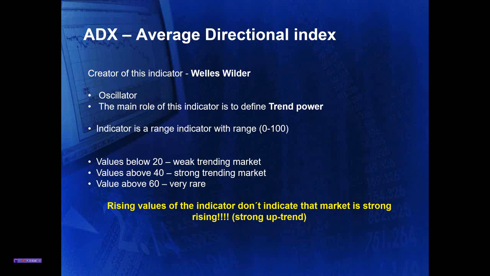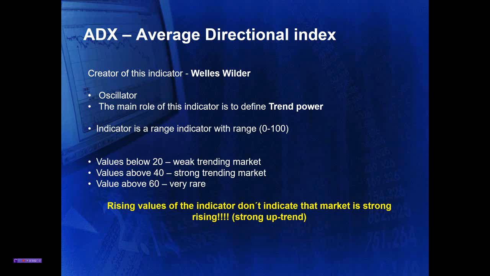Again, an increase in ADX doesn't mean that the market is strongly rising or in a strong uptrend. All it says is that the strength of the trend currently on the market is increasing.